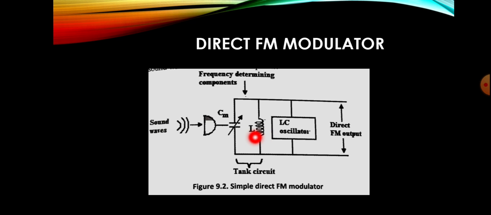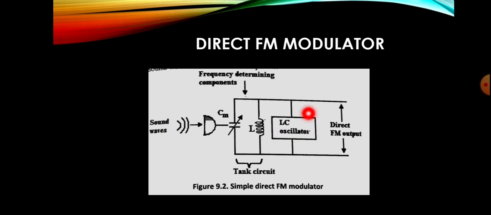Here we are directly generating the FM signal from the carrier signal. That means the carrier frequency will be varied directly with the amplitude of the modulating signal. The tank circuit is formed by inductor L and CM, and this part is the frequency determining section for the LC oscillator.